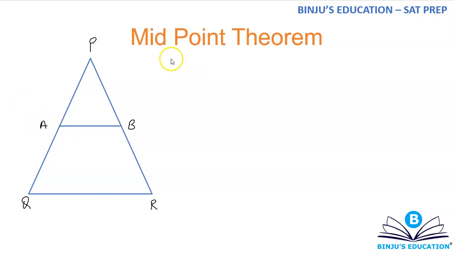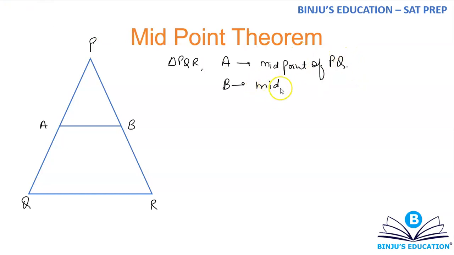Let's say there is a triangle PQR, and A is the midpoint of PQ and B is the midpoint of PR.